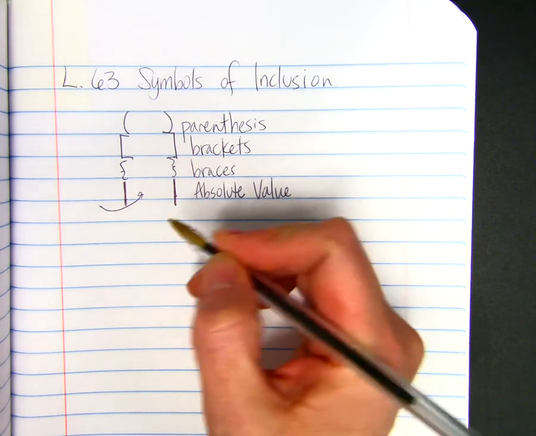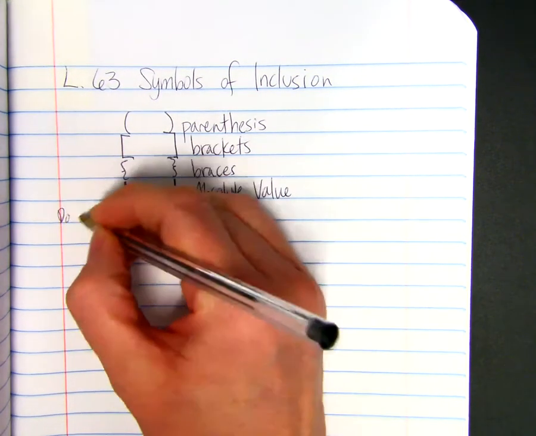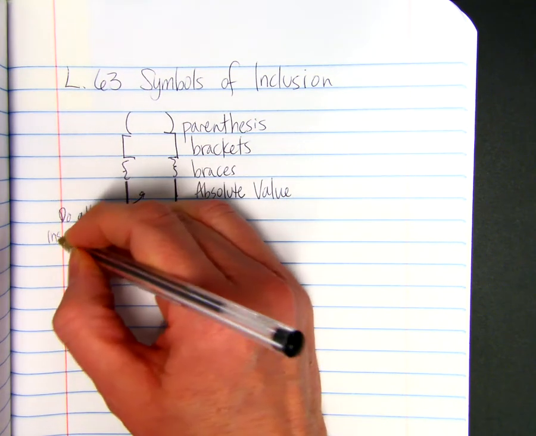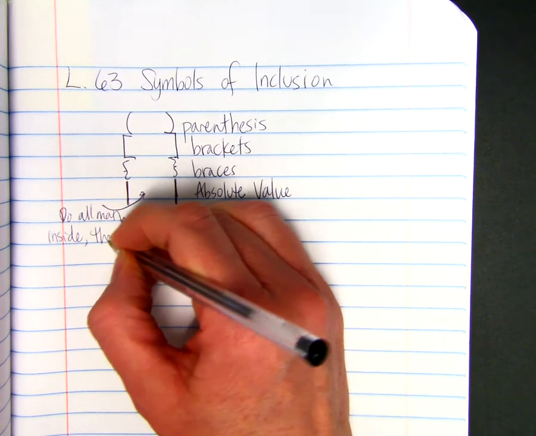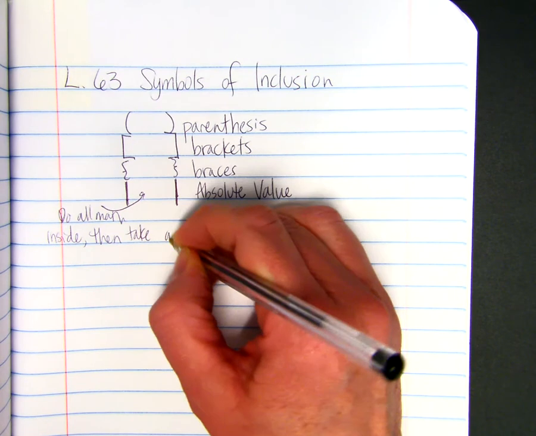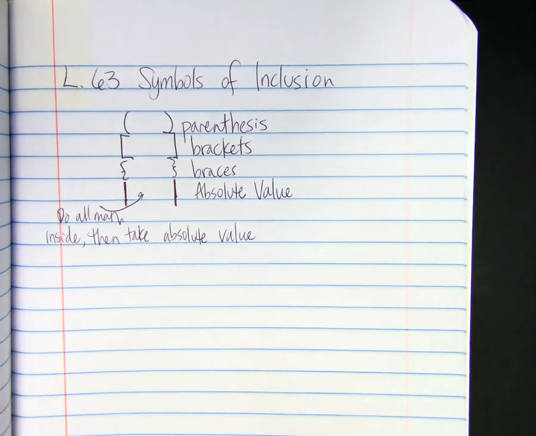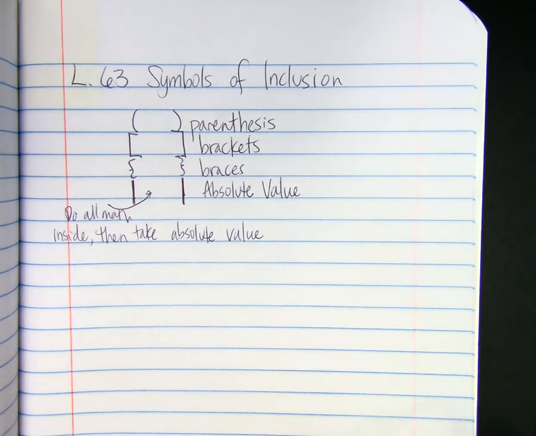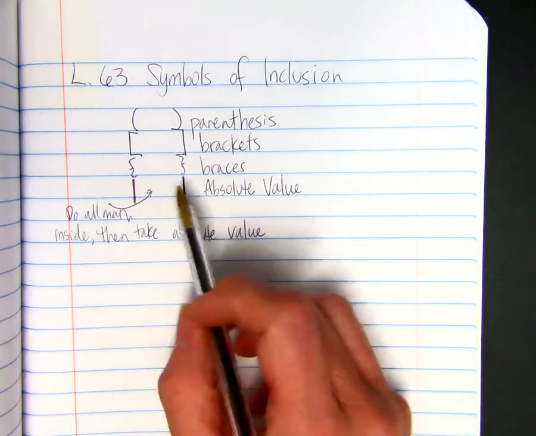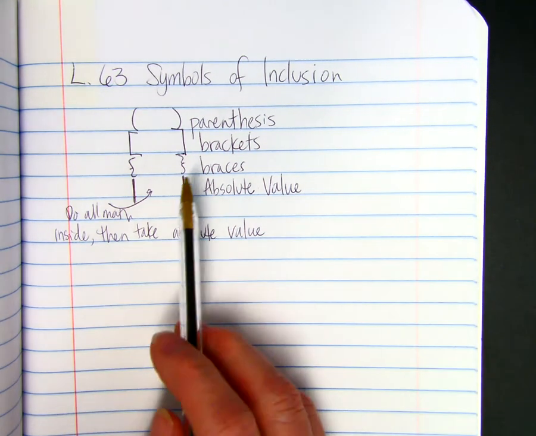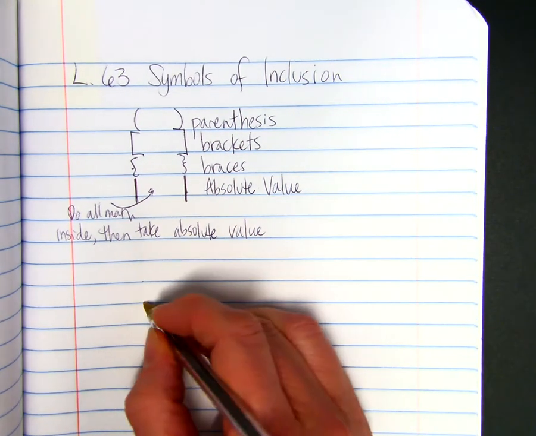One thing you have to know here is you want to do all the math inside and then take the absolute value. So if you see absolute value symbols, you want to do all the math inside before you take the absolute value. Now, another symbol of inclusion is the fraction bar.